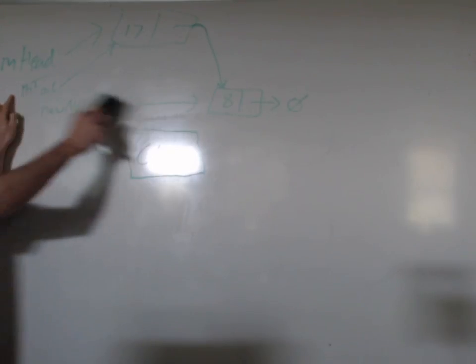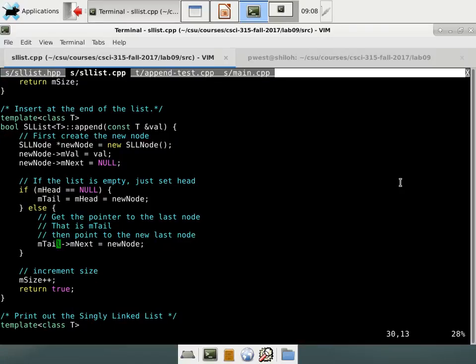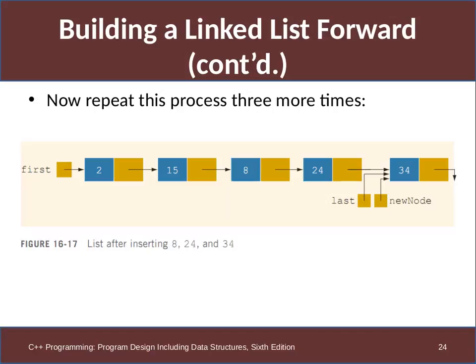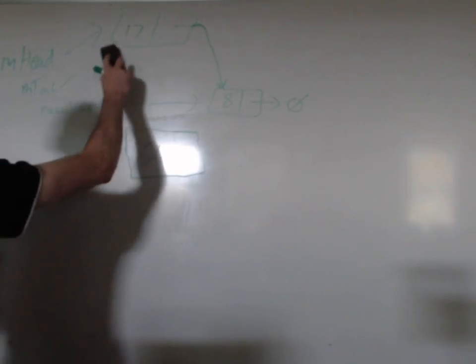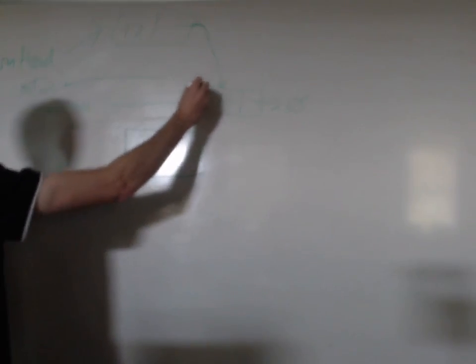So we need mTail to point to this guy, right? So we need to set mTail equal to something. mTail equals the new node, yes. Because once we do that, mTail will now point to this node. All right, is that good?